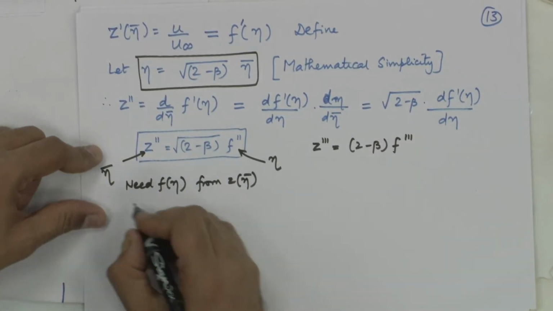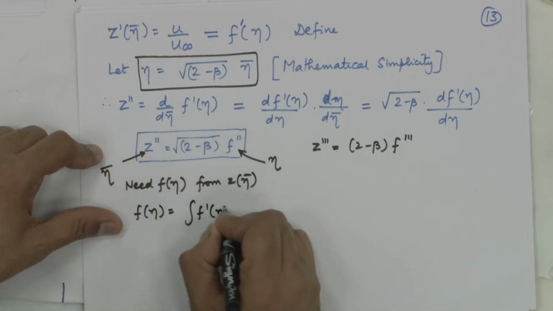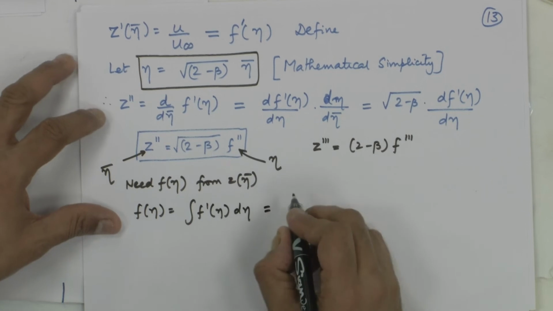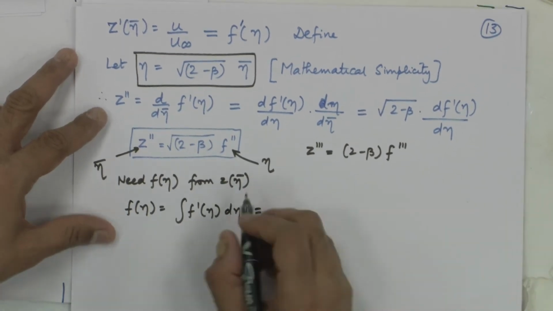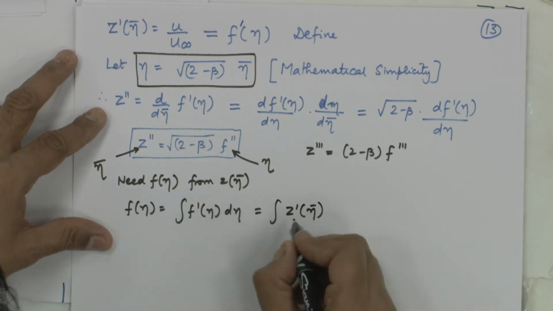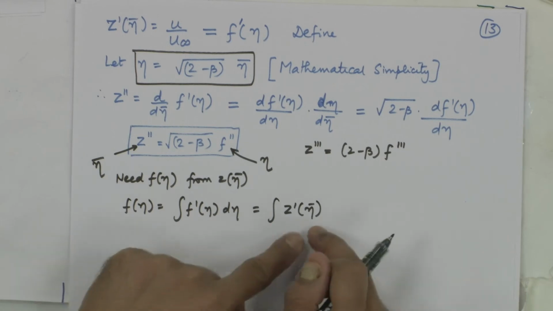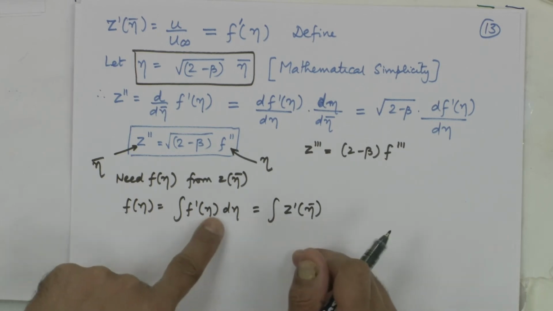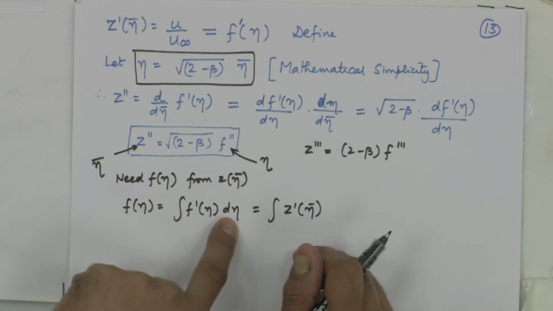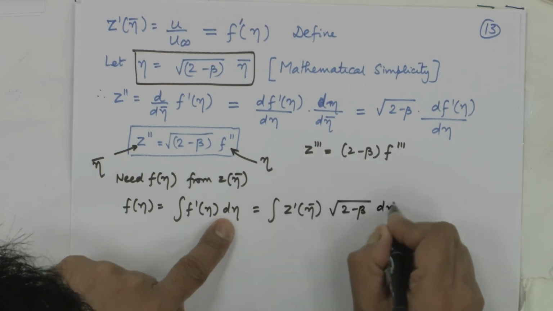So, for that let us look at f of eta is equal to integral f prime of eta d eta, which is nothing but integral z prime of eta bar. I am just transforming it because these two are the same. I am replacing f prime by z prime of eta bar. This I want to make as eta bar differential, so I will have this square root of 2 minus beta d eta bar.